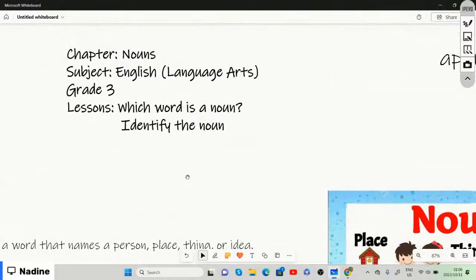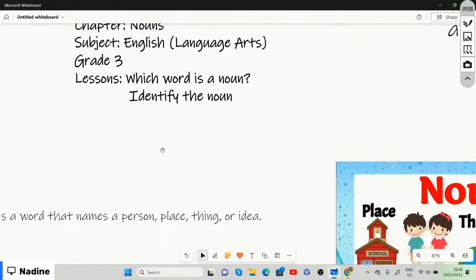Once we get to the chapter of nouns, our subject is English language arts, grade 3, and the lesson we are going to be focusing on today is which word is a noun. Then we're also going to identify the noun.